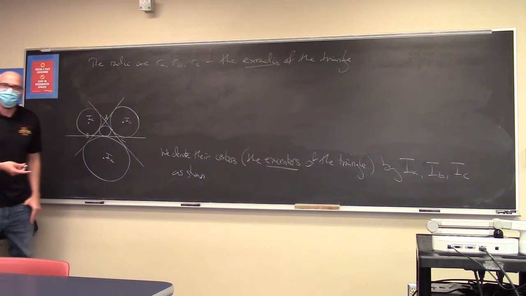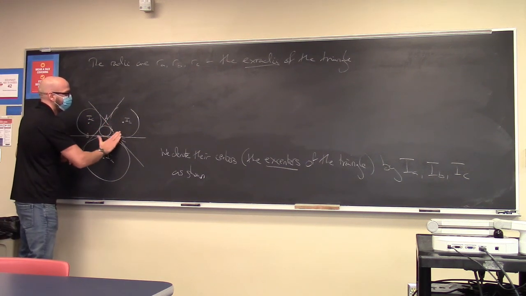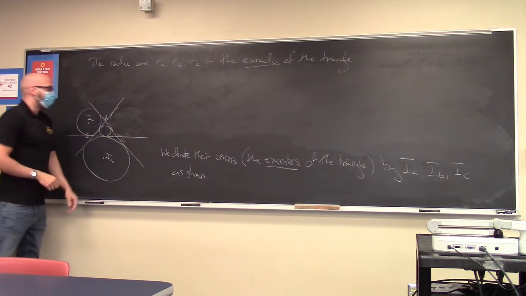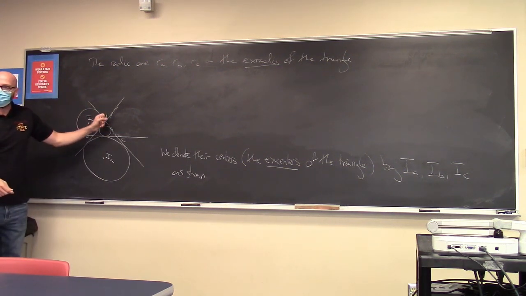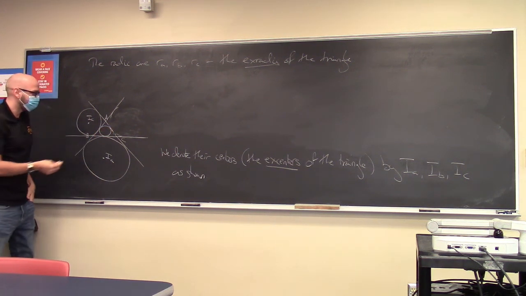It's obvious though, right? You should be very, very easily convinced that I can fit a unique circle in here that's tangent to all three sides. How would you do this? Well, kind of the same way we intuitively describe the existence of the incircle.